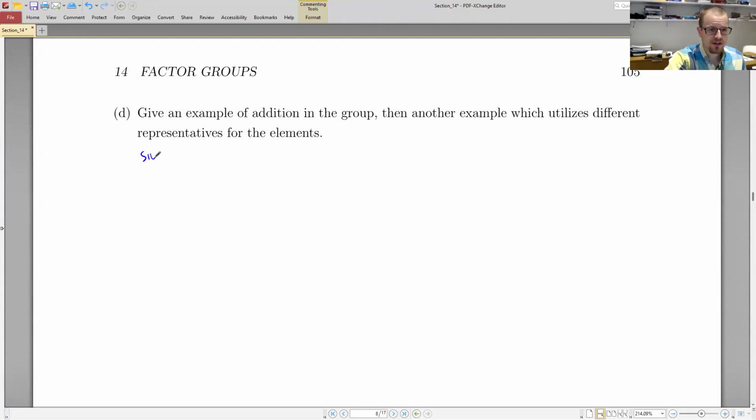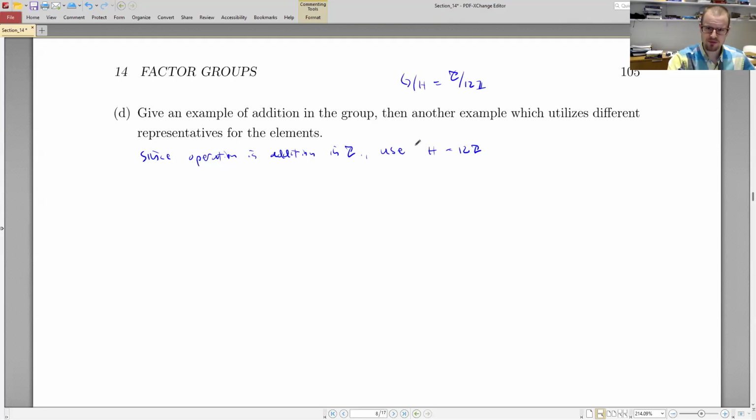So since the operation is addition in Z, that's what we're looking at. And we want to use H is 12Z, right? We're looking at G mod H is Z mod 12Z under addition.